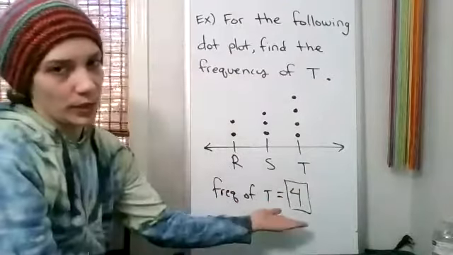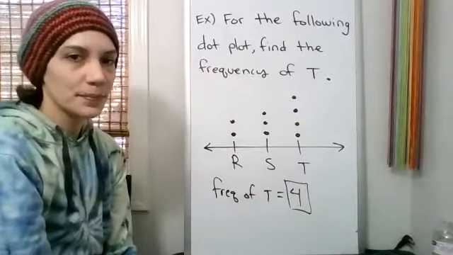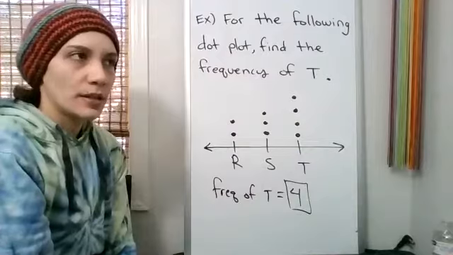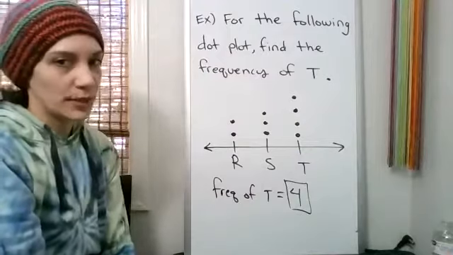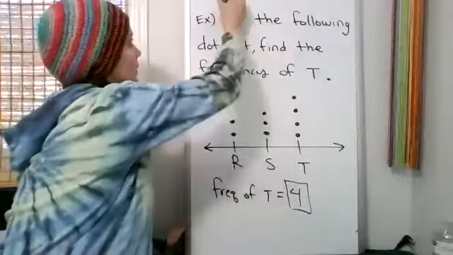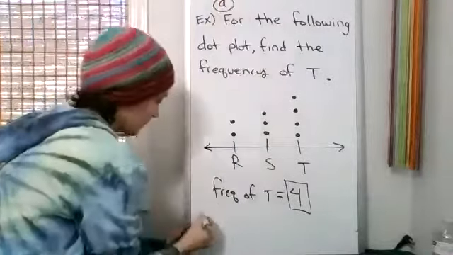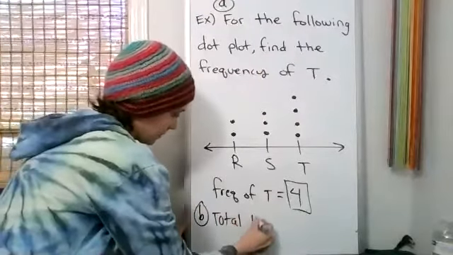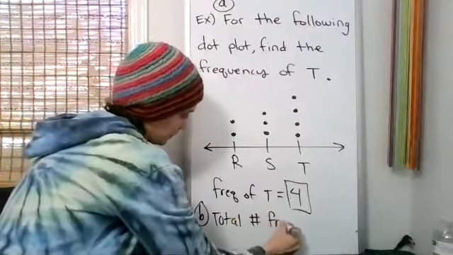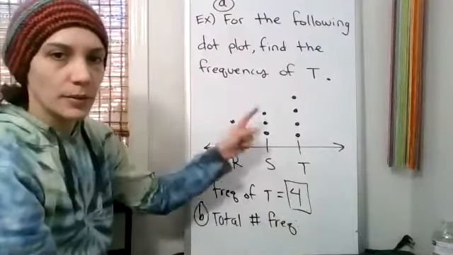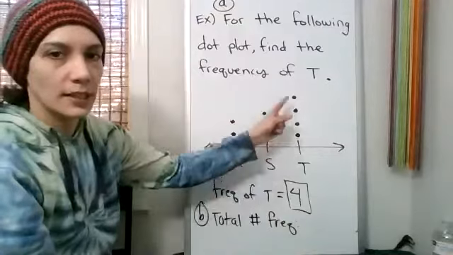You can also just put 4, it's fine. Let's do the total number of frequencies. All of the dots: 1, 2, 3, 4, 5, 6, 7, 8, 9.